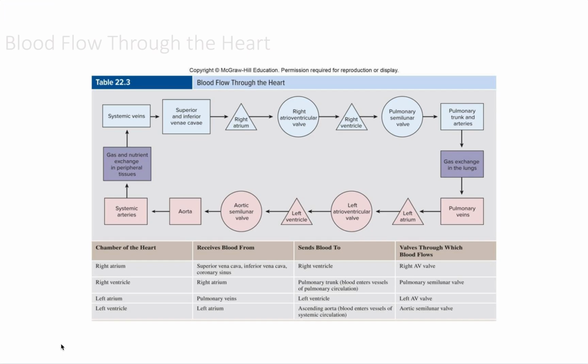So this is just a normal blood flow pathway when we're looking at how blood enters. Blood enters from the superior and inferior vena cava, goes through the right atrium, past the right atrioventricular valve, or what we call the tricuspid valve, to the right ventricle, to the pulmonic semilunar valve, through the pulmonary arteries.